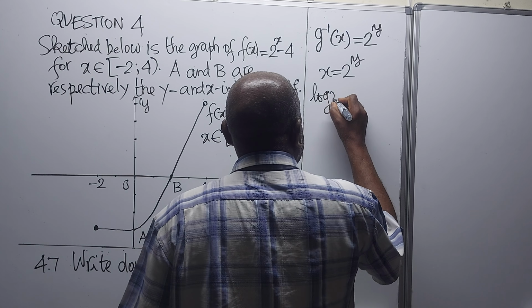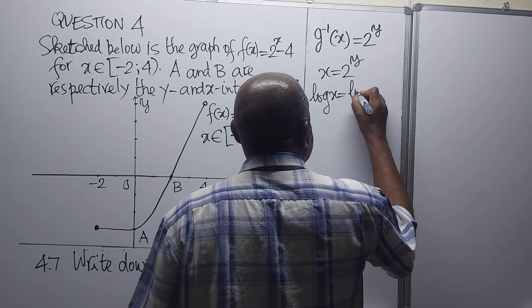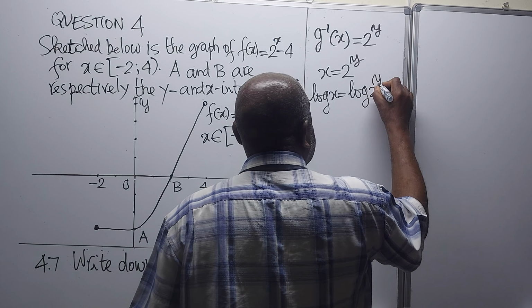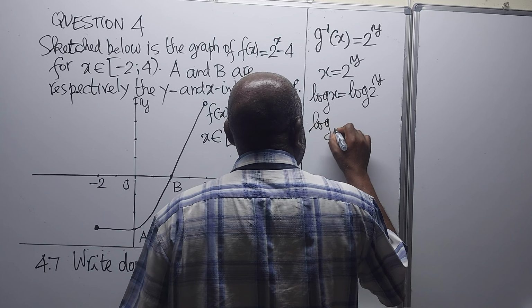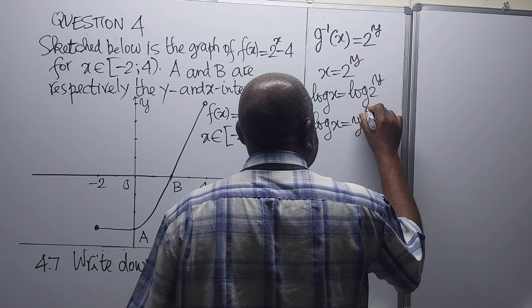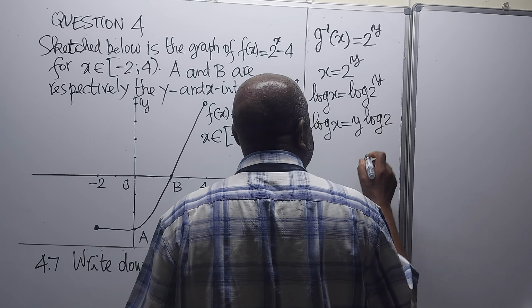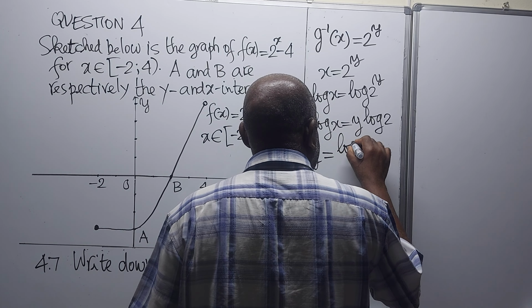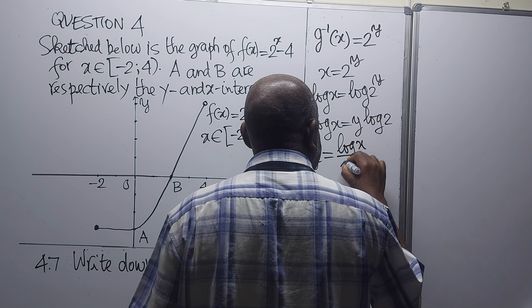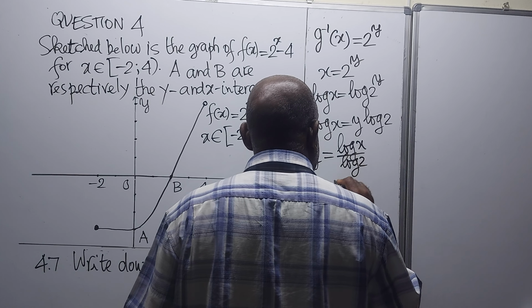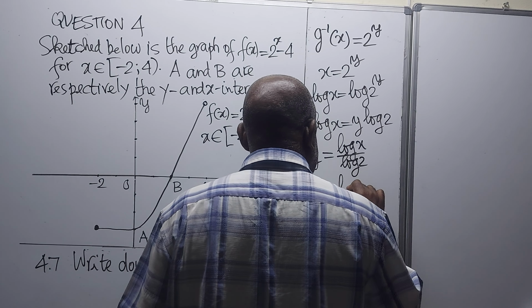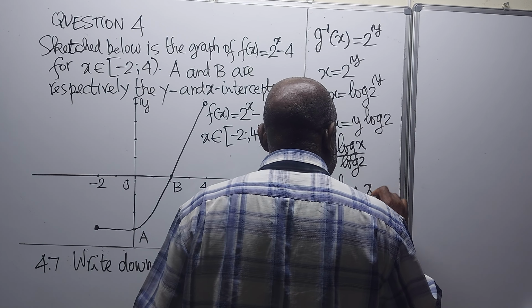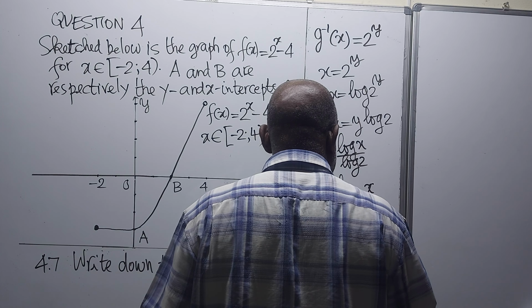Log of x will be equal to log of 2 to the power of y. So log x will be equal to y log 2. And y will be equal to log x over log 2. And this will be written log x to base 2.